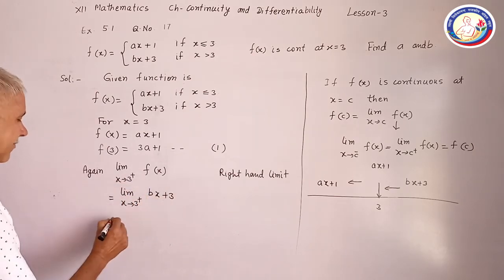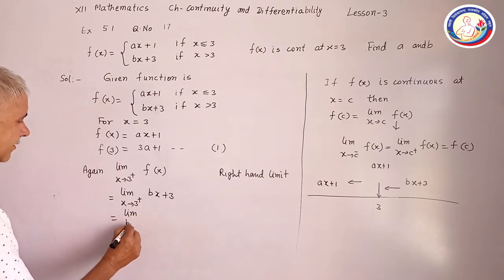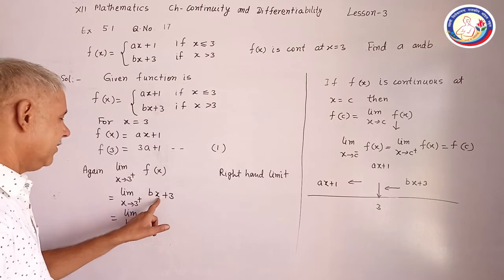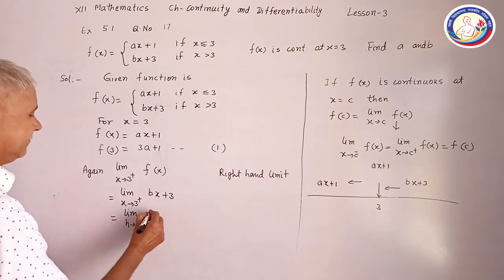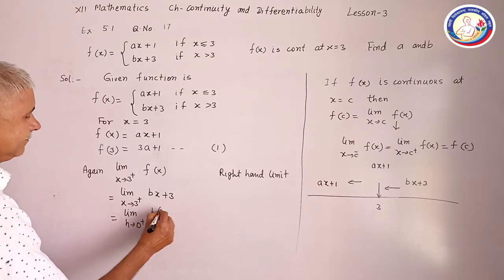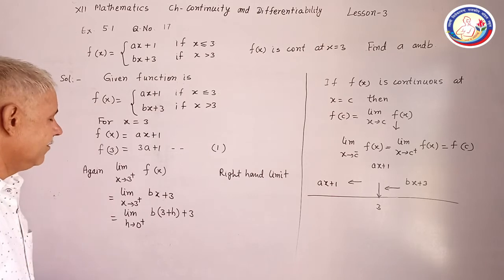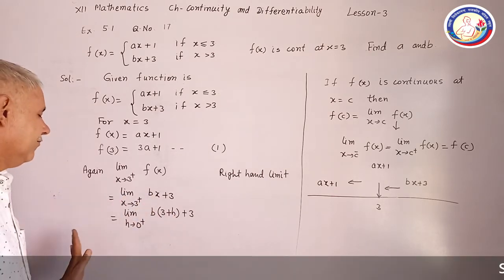I am taking the second method here, limit h tending to 0 plus, and for the right hand limit I am replacing x by 3 plus h. And for the left hand limit, what will we do?